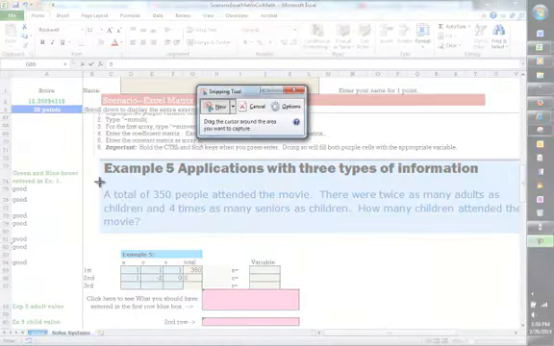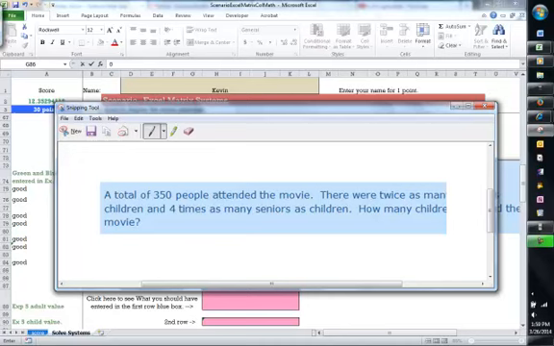Okay, remember that there were twice as many adults as children, so this is what our variable is. Adults is 2 times the number of children.